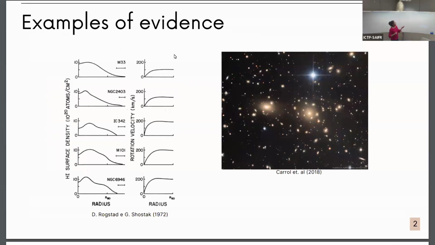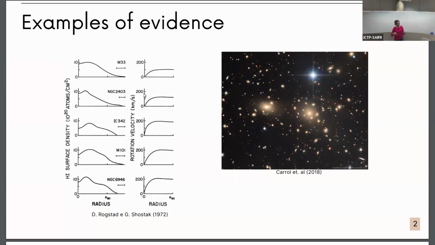So here I brought you two astrophysical examples of dark matter evidence. One of them is the galaxy rotation curves, which show how the velocity of rotation of the stars around the center of the galaxy varies with the radius.